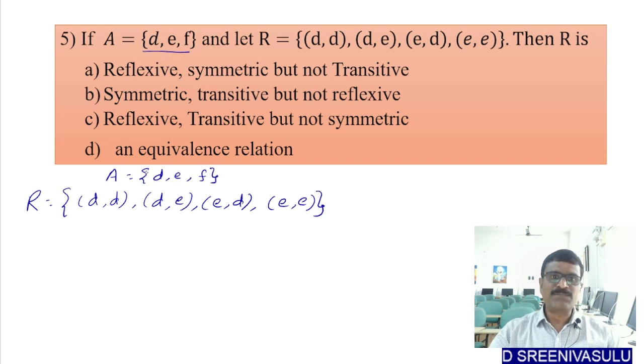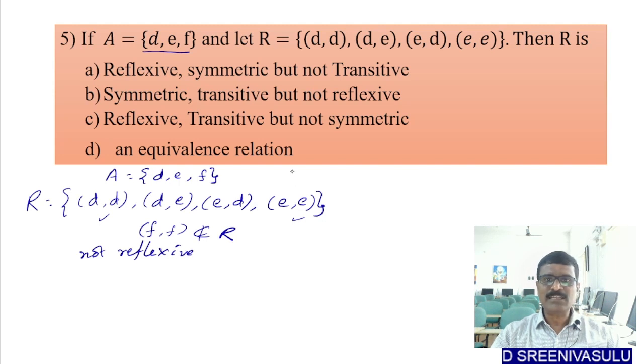First, whether it is reflexive or not, we will check. DD is there, EE is there, FF is not there. Therefore, it is not reflexive. Not reflexive means it is not an equivalence relation.